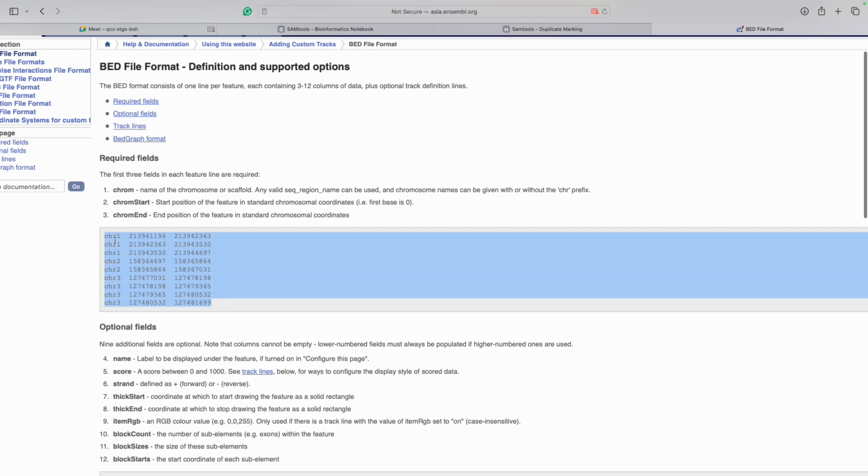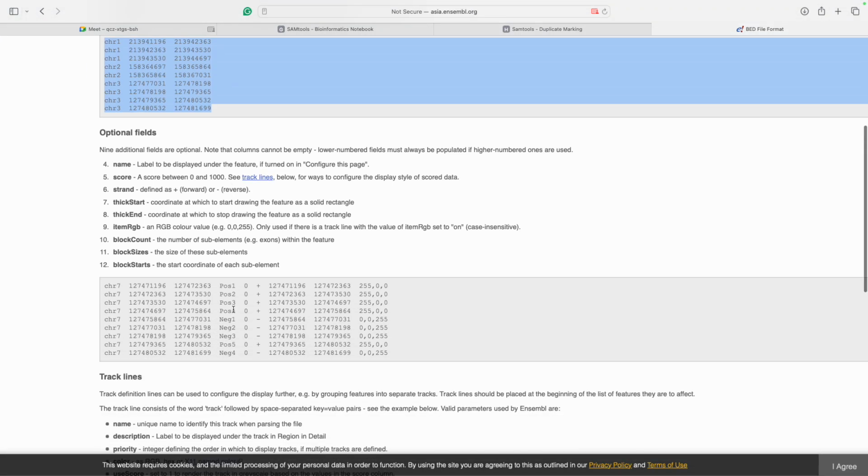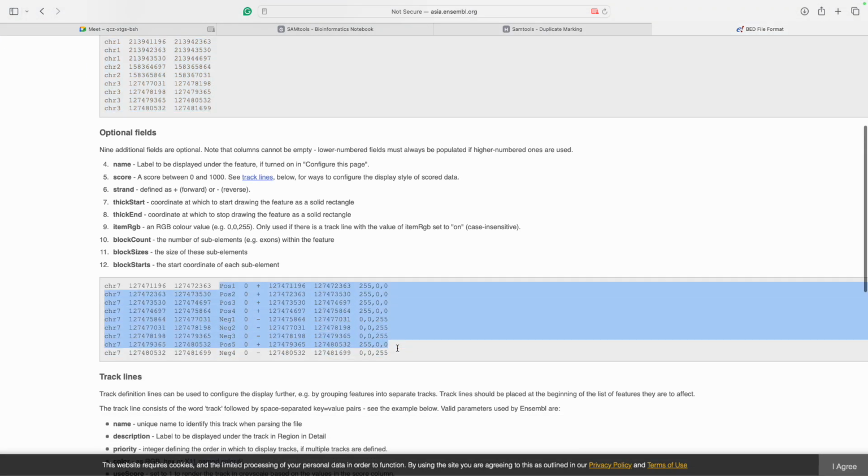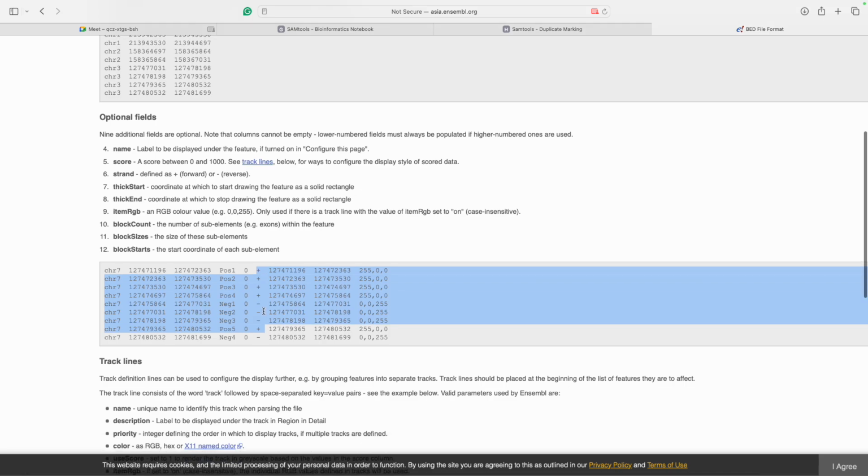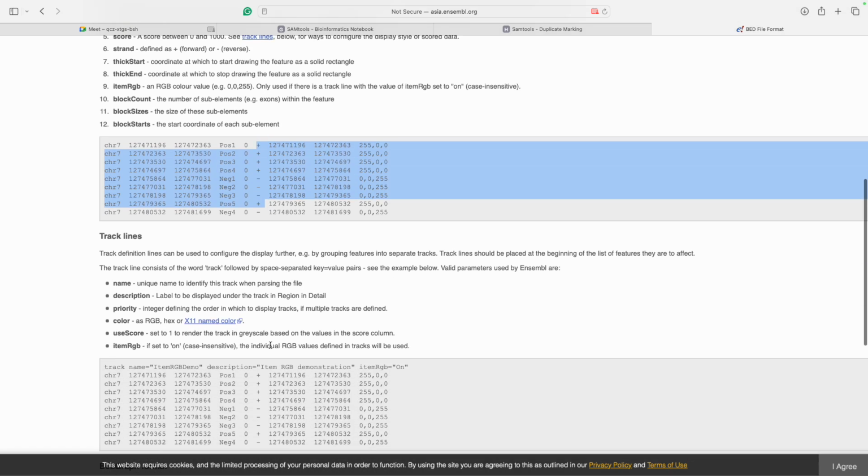It contains the chromosome number, the start site and the end site. It can contain other information as well, such as the start and end positions and the strand information, positive strand or negative strand, whether it is a forward sequence or a reverse sequence.